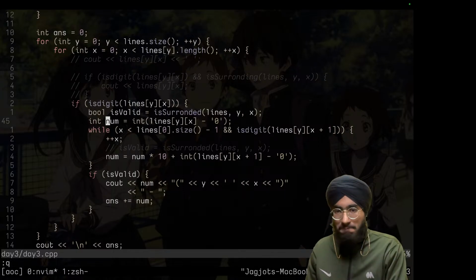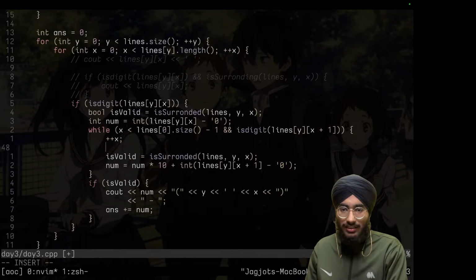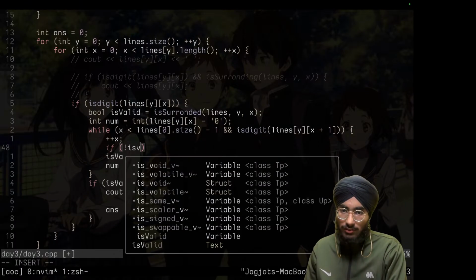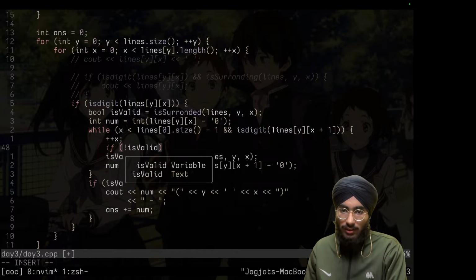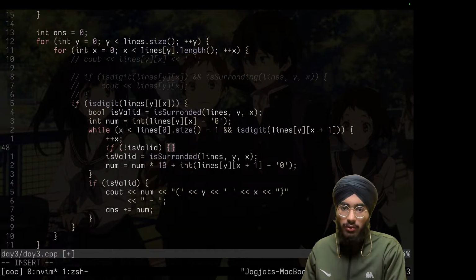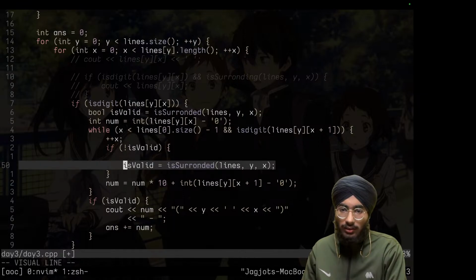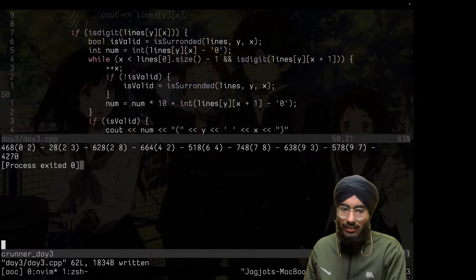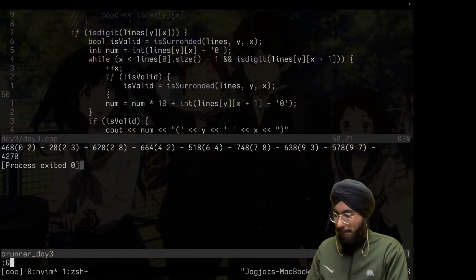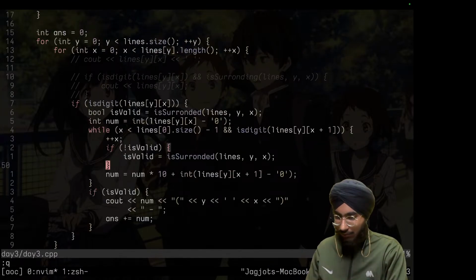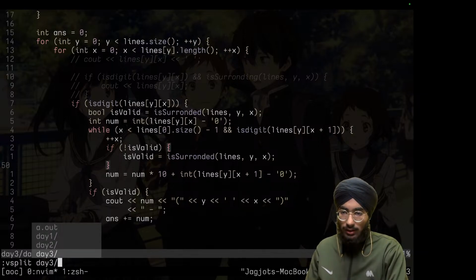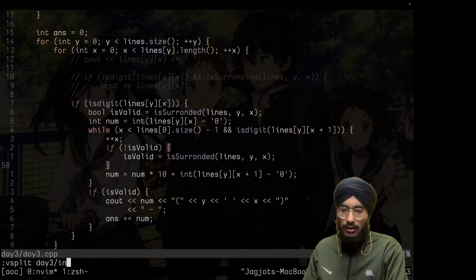No. Okay, now I got this. Now I got this. If not is valid, then we need to do this, right? Yeah, because what it was doing is, we split input.